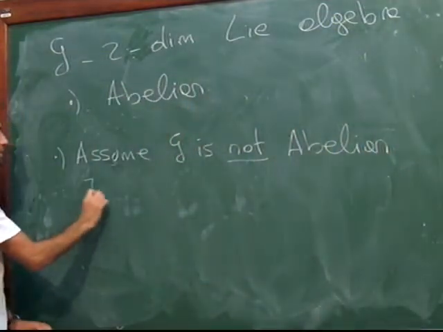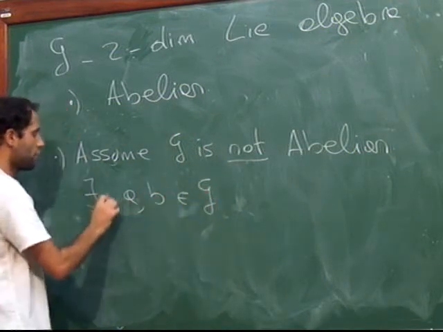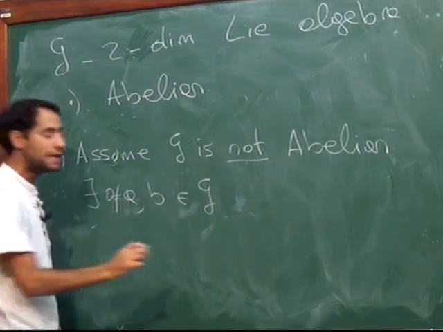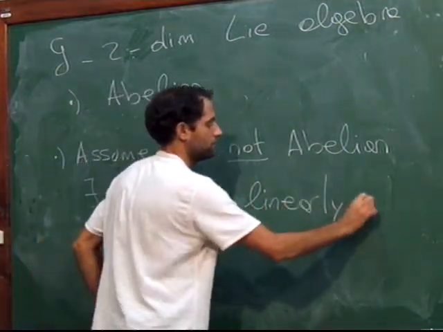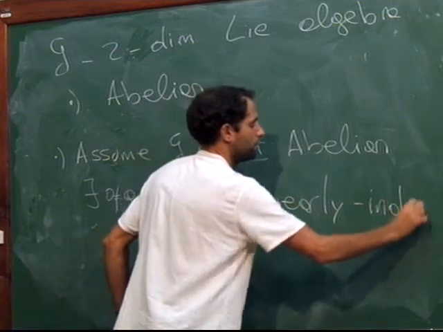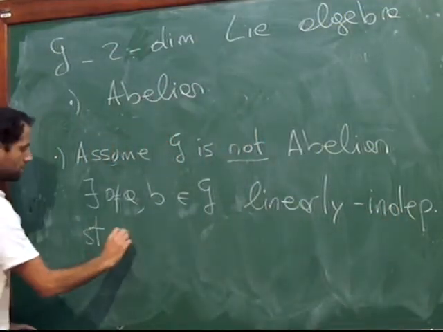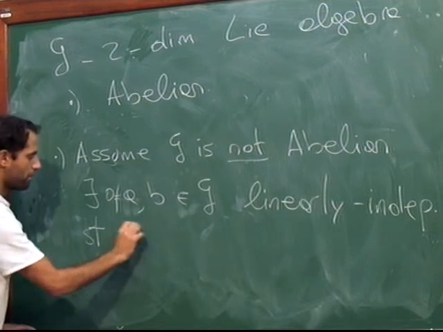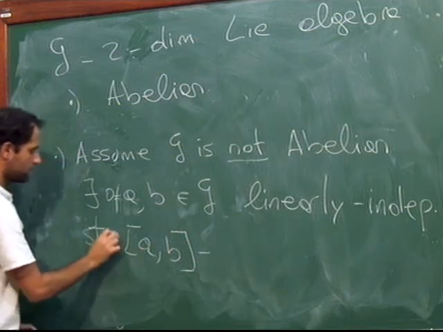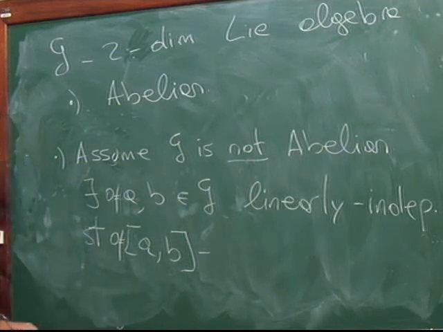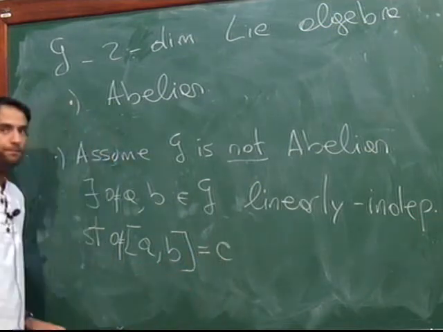There exist A and B inside of G, not zero, that are linearly independent, such that this bracket is not zero. So let's call this bracket C.